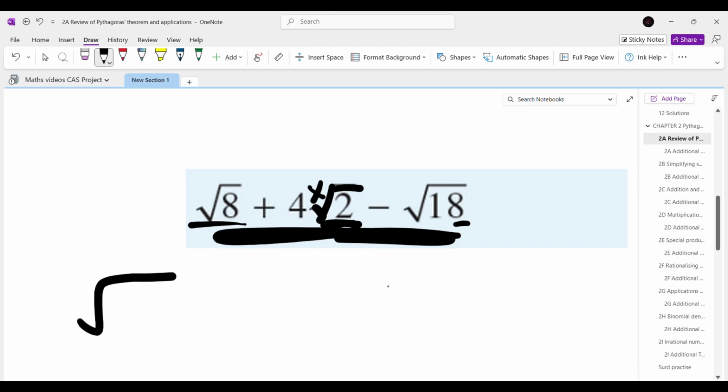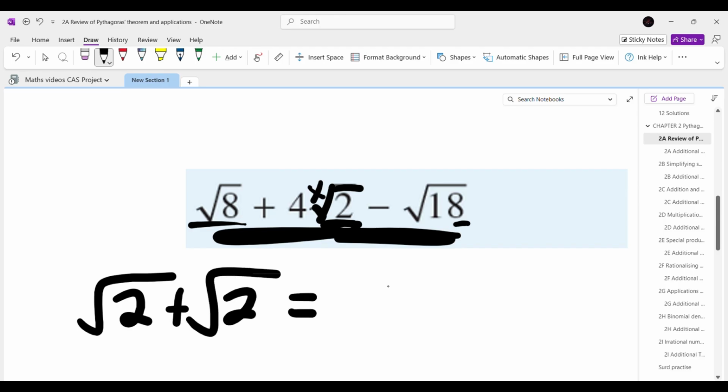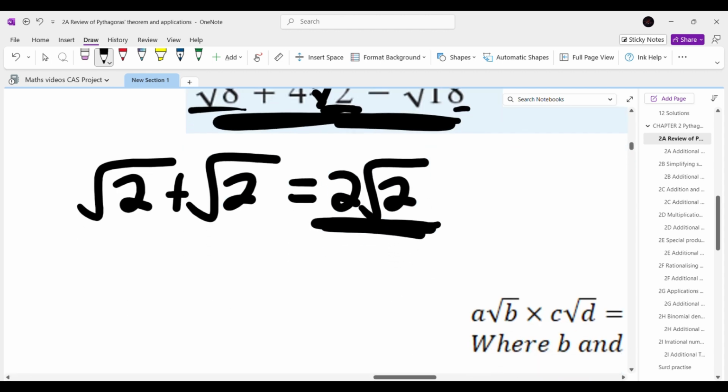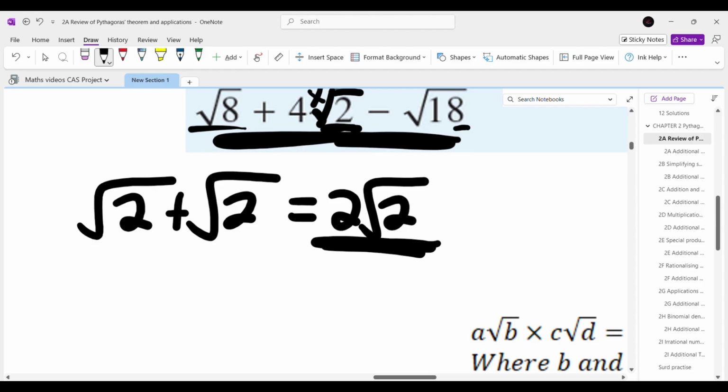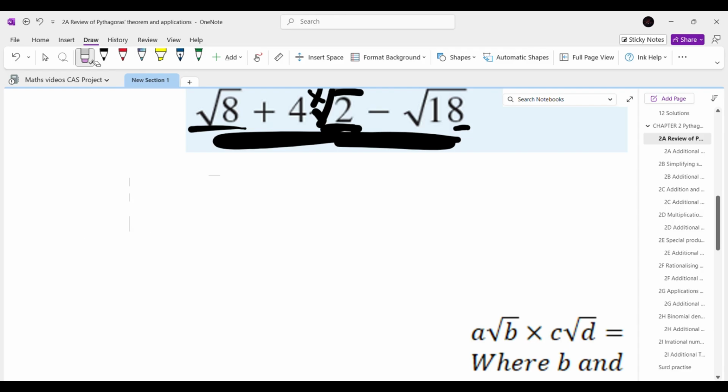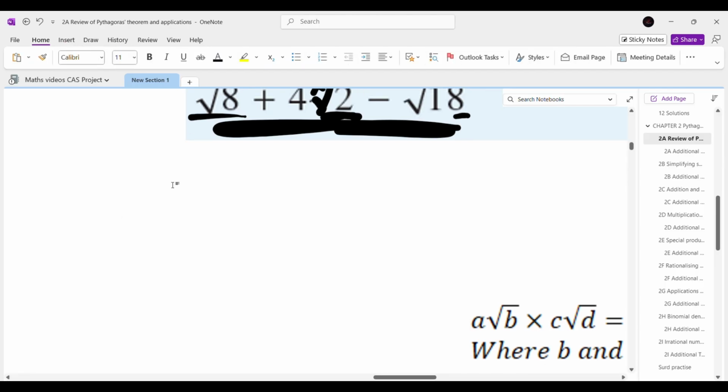You can add root 2 plus root 2, for example, and you get 2 root 2. This is your answer here. You don't get a square root of 4. That's not the correct answer, as we discussed earlier. So here we have to try and convert everything to being under root 2, so we can add them together.